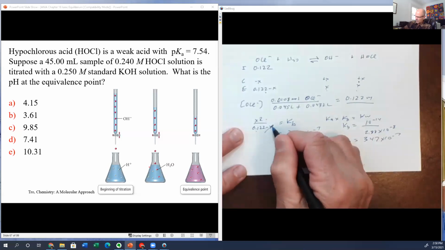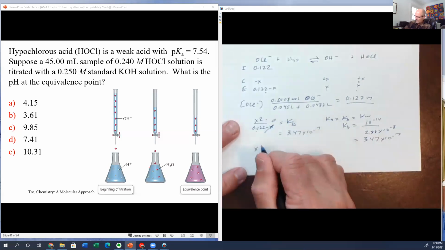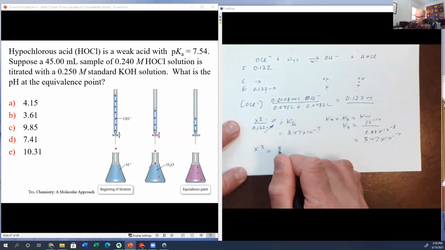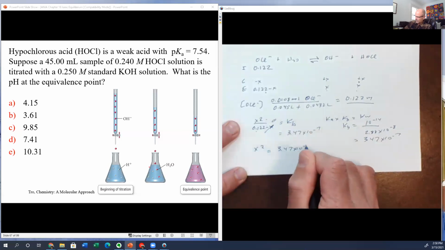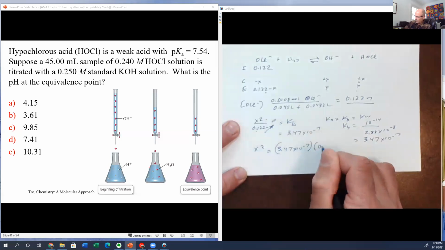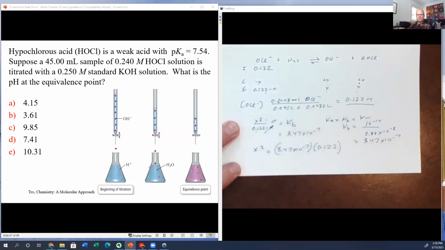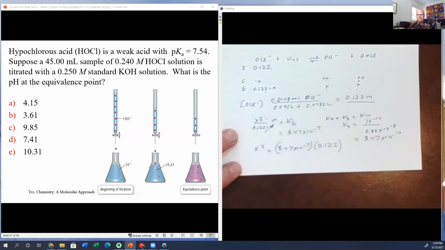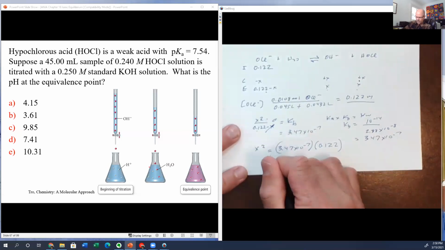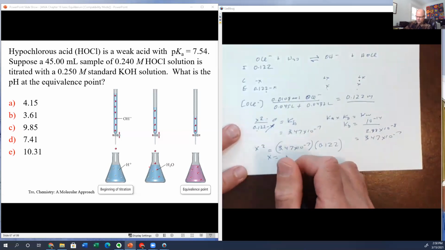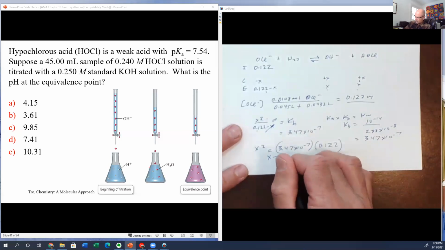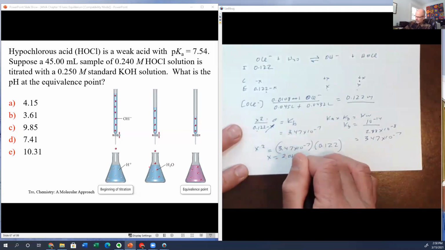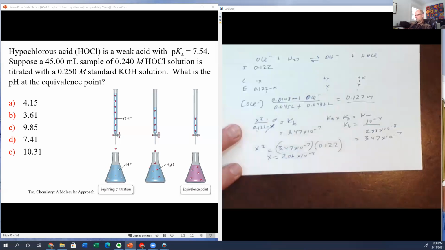I make my x a small approximation. I get x squared is equal to 3.47 times 10 to the minus 7 times 0.122. Right, then I solve that for x, and I find that x is equal to 2.06 times 10 to the minus 4.